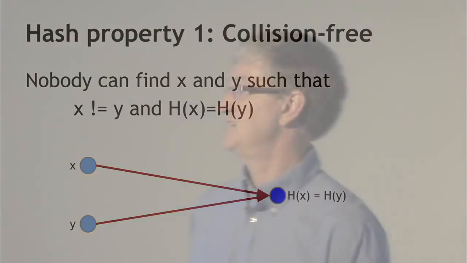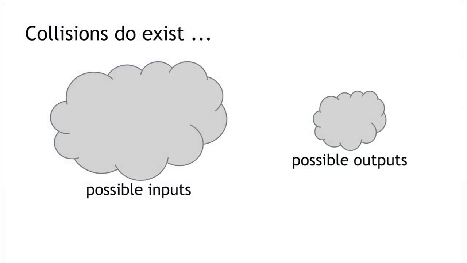Collisions do exist, and to understand why that is, we can use this diagram. Over here on the left, I'm depicting all of the possible inputs to this function, which can be a string of any size. And over here, I have all of the possible outputs, which has to be a string of 256 bits in size. So on the right-hand side, the outputs, there are only 2^256 possibilities. Over here, there are more possibilities.